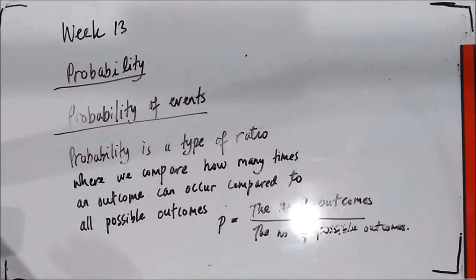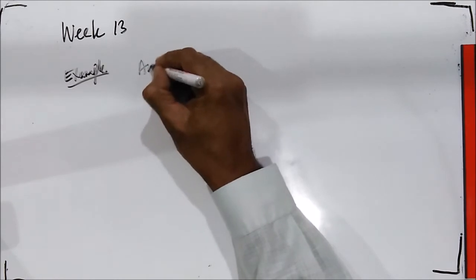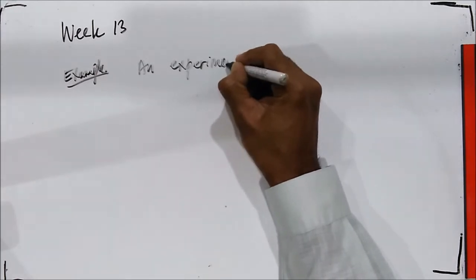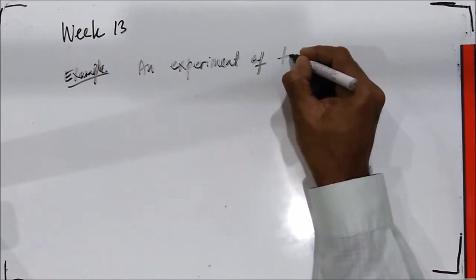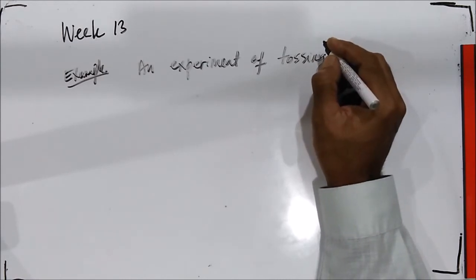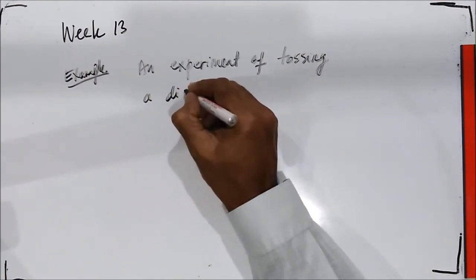So one simple example of probability is, let's say I take a case of an experiment. In probability we need to have an experiment. So an example here is an experiment of tossing a dice.